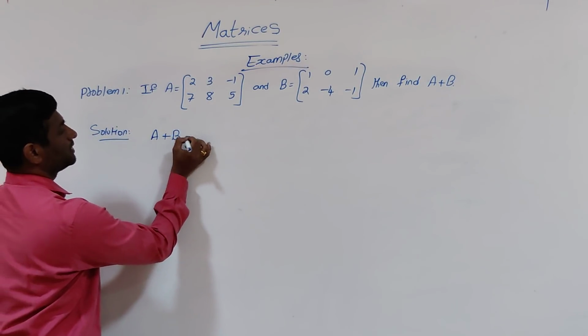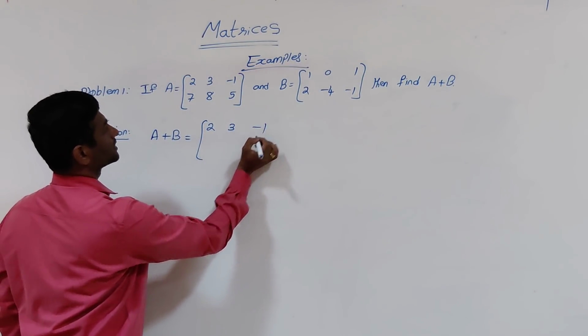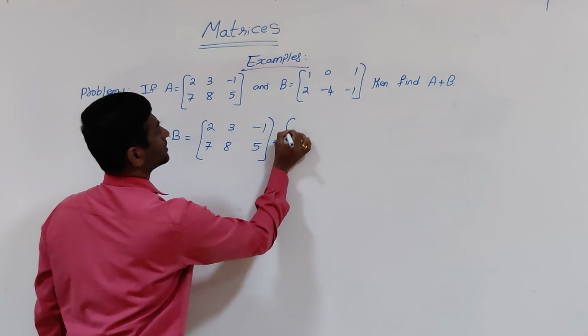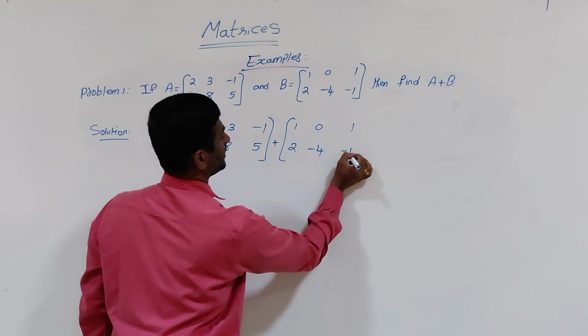A plus B. Now I will write the two matrices: [2, 3, minus 1; 7, 8, 5] plus [1, 0, 1; 2, minus 4, minus 1].